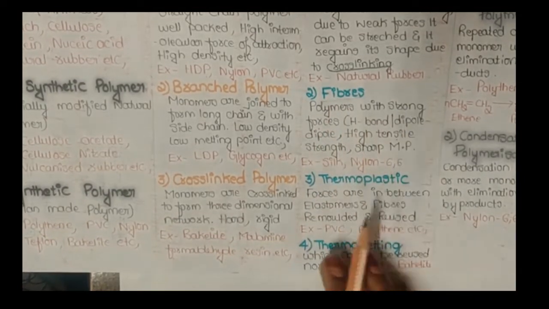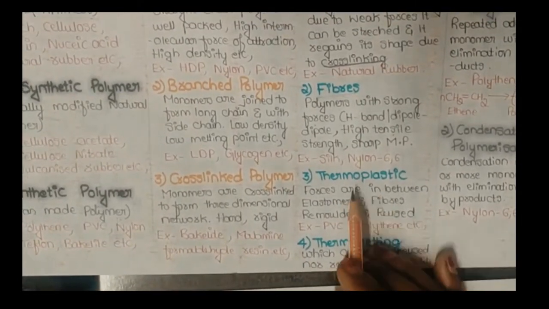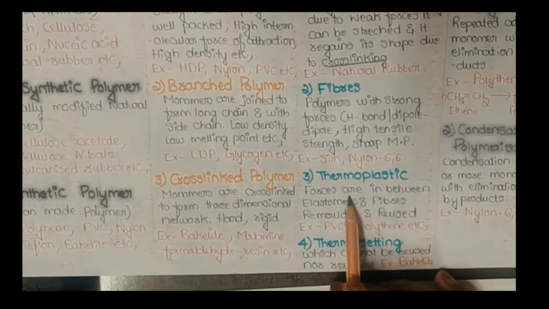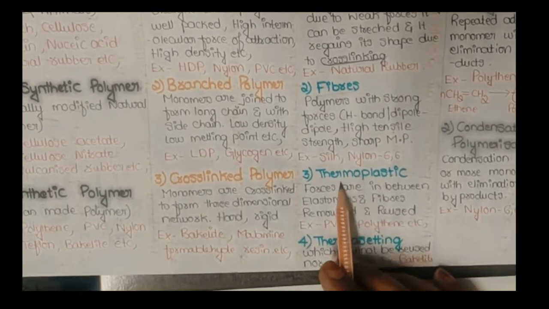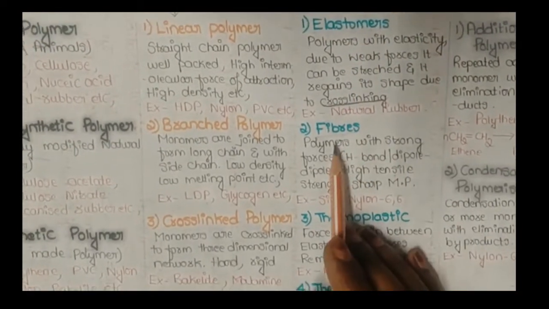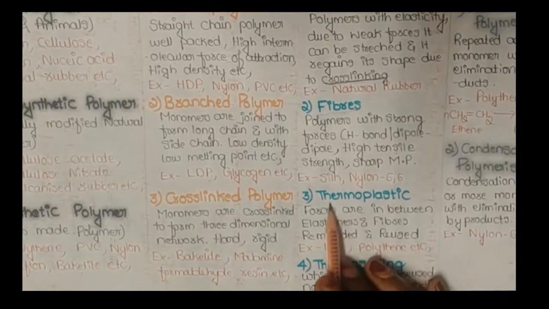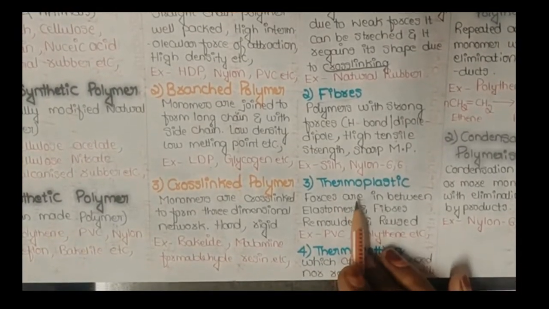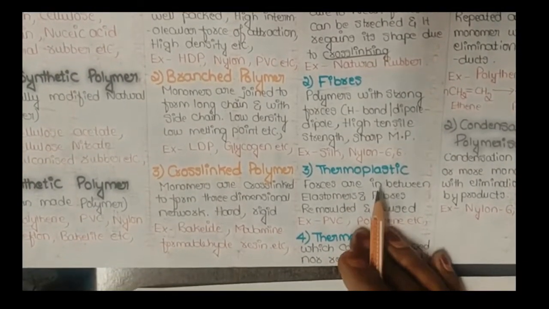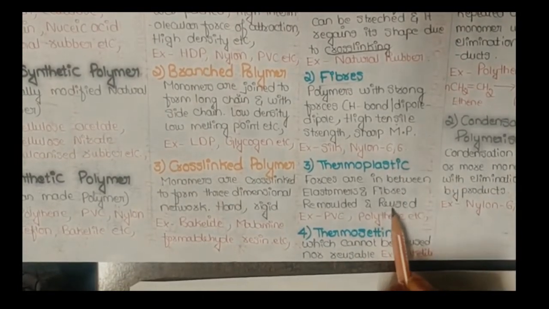Okay, so the next one is thermoplastic. In thermoplastics, the intermolecular forces of attraction exist between those of elastomers and fibers. And another special property of thermoplastic is that it can be remolded many times, therefore it can be reused again and again.